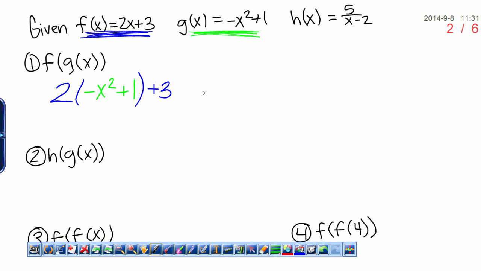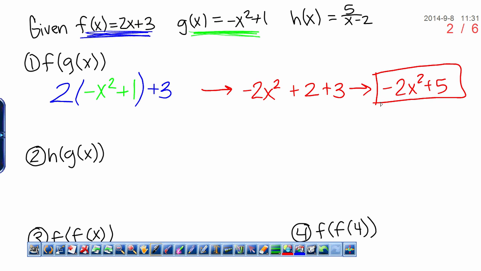So 2 times negative x squared is negative 2x squared, plus 2 plus 3, which gives me negative 2x squared plus 5. So think about what we did. g of x was our input for f. We took g of x and plugged it in for the x in f of x. I'm okay with that.